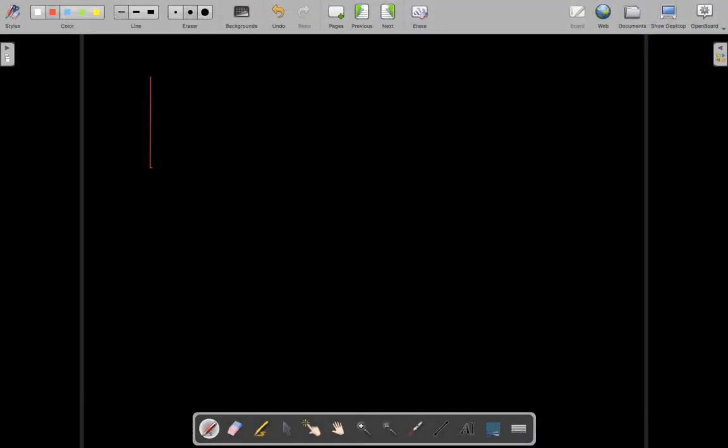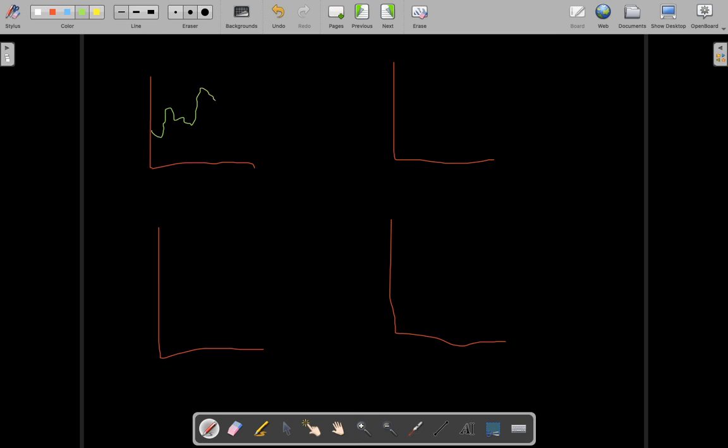Let me draw it small. Let me draw 4 different coordinates. So let us first have something like this.